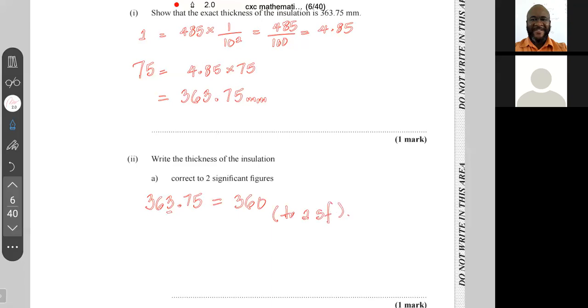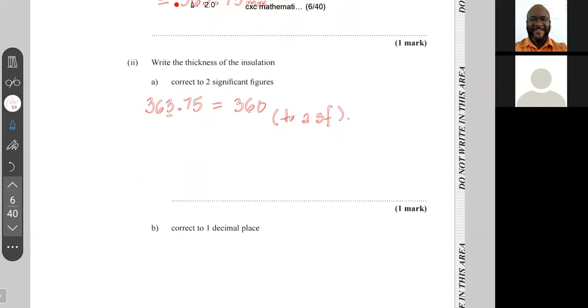Please remember, significant figure is an approximation, so that means that the final answer must be close in value to the original number. All right? So if I round down 363, it's going to become 360. The answer cannot be 36. That would be a common mistake.